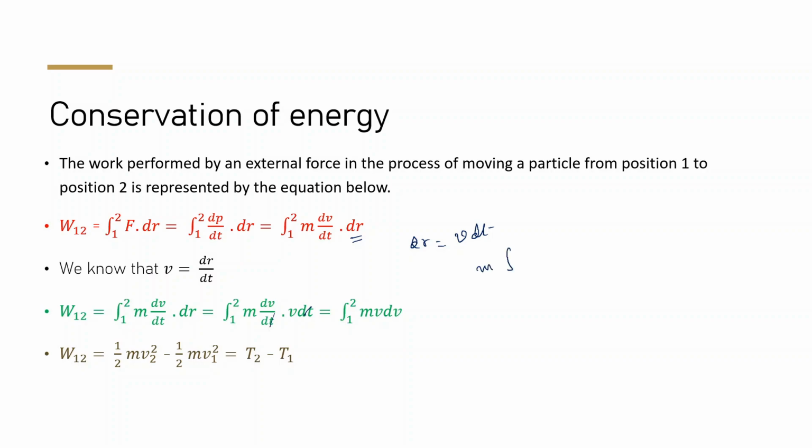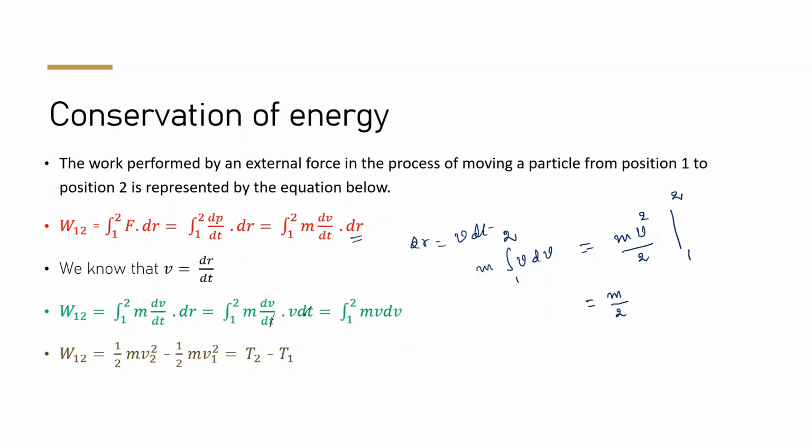M is a constant, integral v dv, limit varying from 1 to 2, which is equal to m v square by 2. This is the integral. Integral v dv equal to v square by 2. M is already present. Now we have to apply our limits, 1, 2.